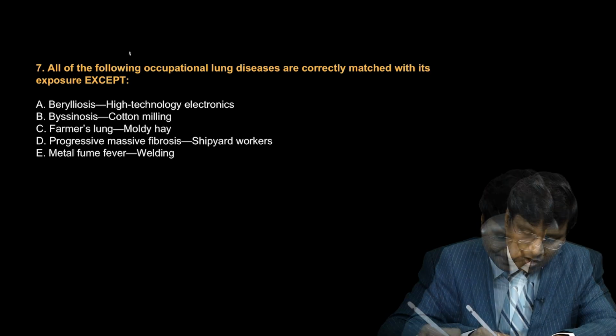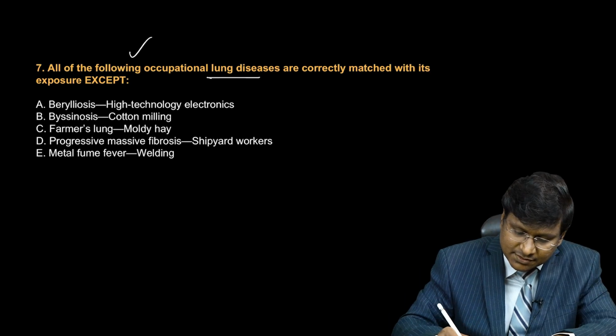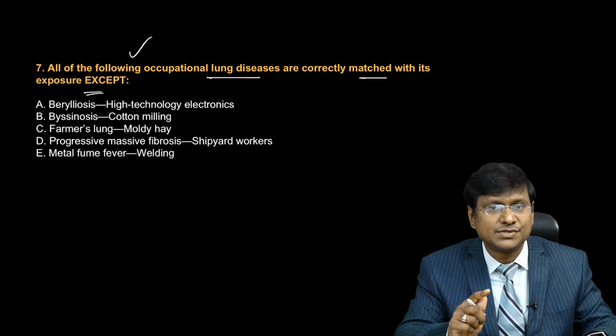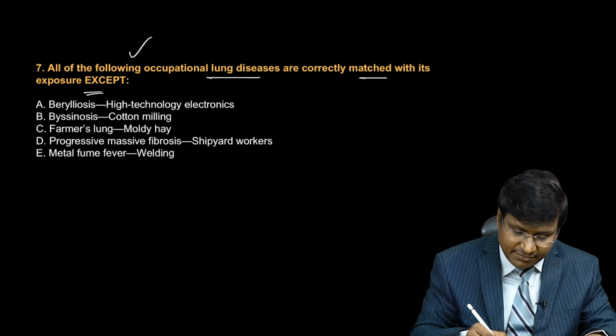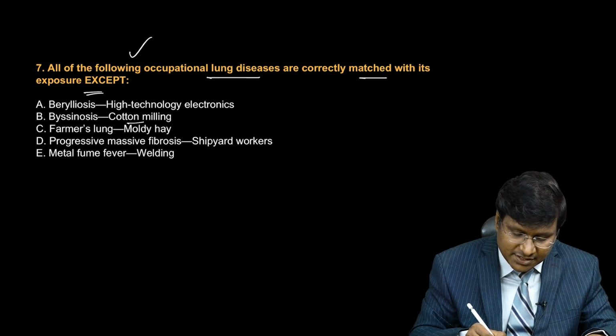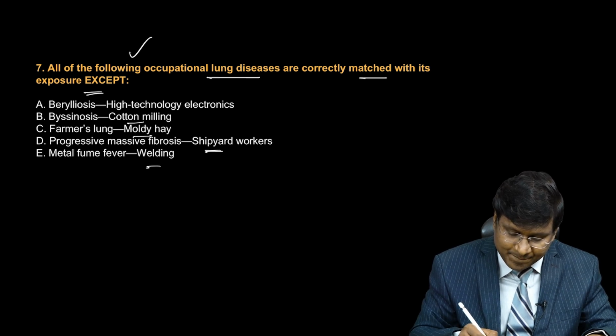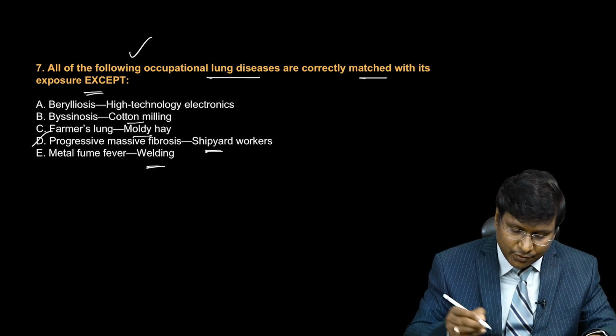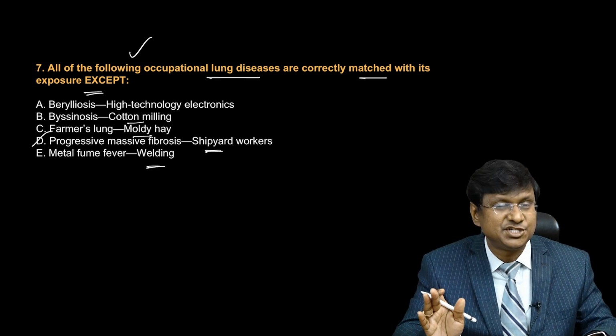Next question. All of the following occupational lung diseases are correctly matched with the exposure except: berylliosis, high technology electronics; byssinosis, cotton mining; farmer's lung, moldy hay; progressive massive fibrosis observed in shipyard workers; metal fume fever in welding. So the incorrect statement is progressive massive fibrosis seen in shipyard workers.